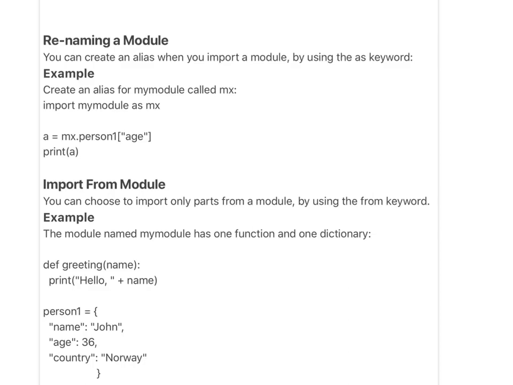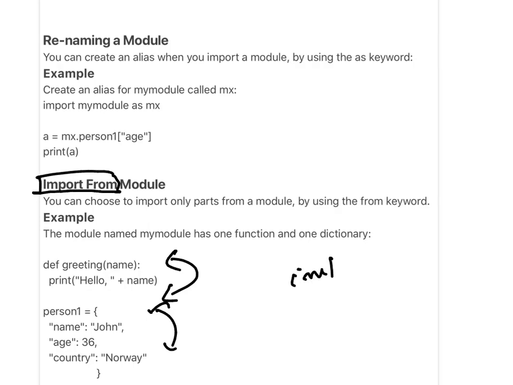Now in any module, you can define functions as well as variables. Variable means just like a dictionary or any other thing. Now when you have 2, 3, 4, 5 functions, 2, 3, 4 dictionaries, so many things in one module, but you want to access only a few things, a particular thing from that, then you have to use the import from statement.